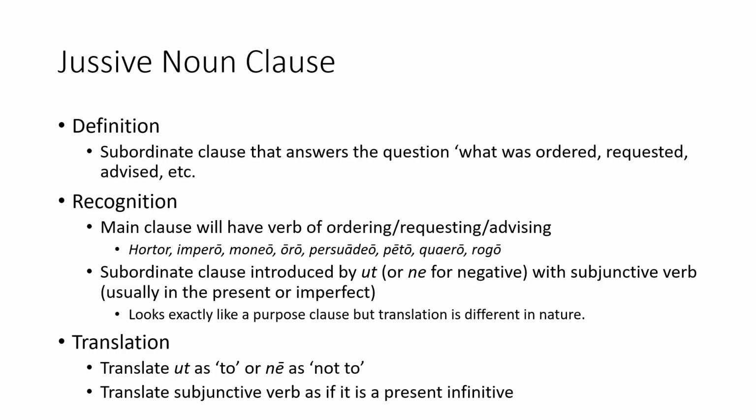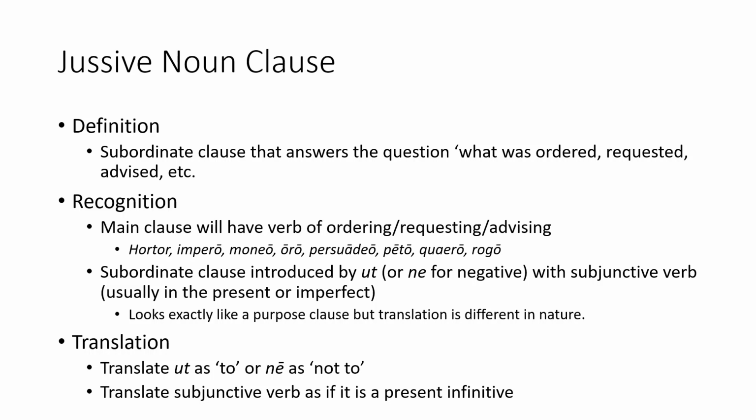However, there is one thing that sets it apart from purpose clauses. The verb in the main clause will be one of ordering, requesting, or advising, a very specific subset of head verbs. Because it is introduced by a head verb, this construction is also known as an indirect command, because it reports indirectly what was commanded, just like an indirect statement reports indirectly what was said, and an indirect question reports indirectly what was asked.